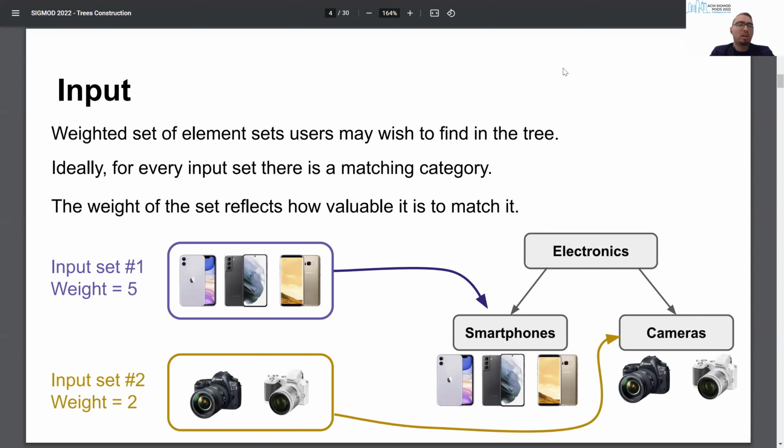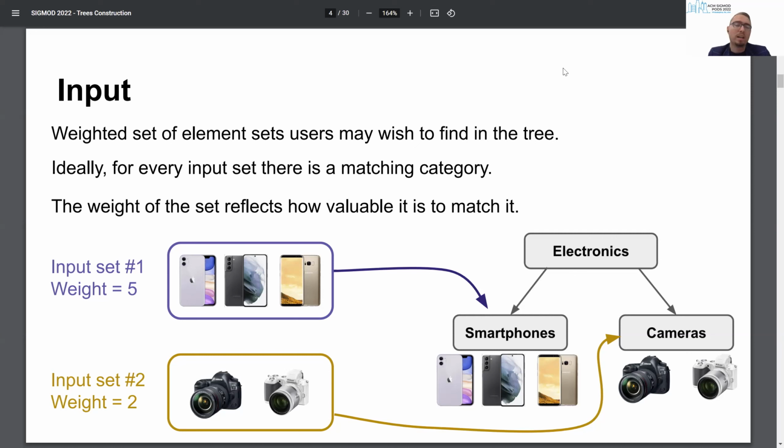What is the input for our problem? As I said, we are trying to automatically build those category trees. We assume that we have a set of sets of elements that users may wish to find in the tree. Each set has its own weight, which reflects the importance of this specific set. This importance can be derived in many ways; we will talk about it in a few slides.